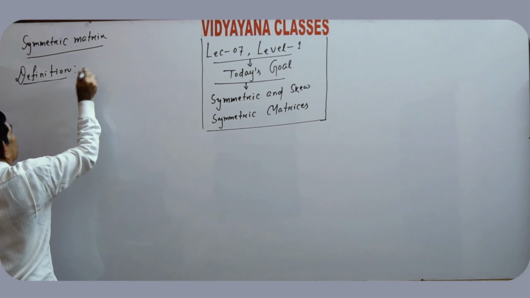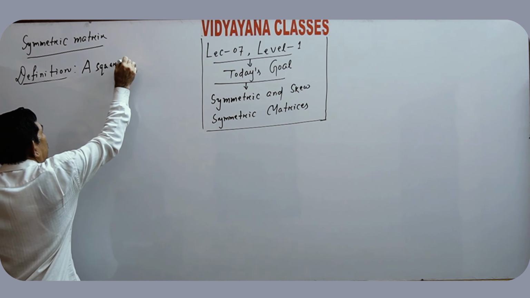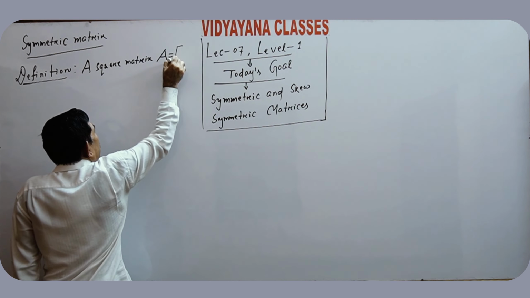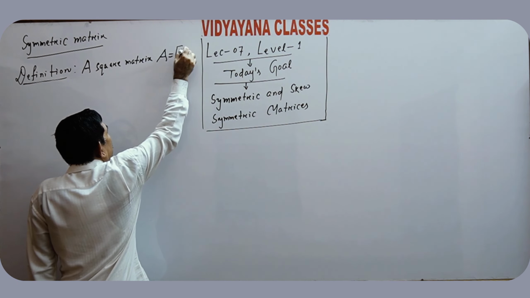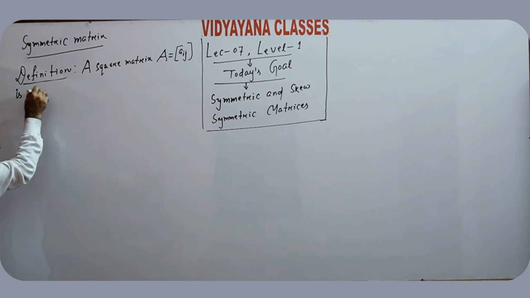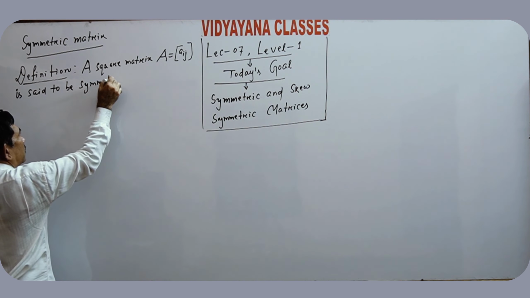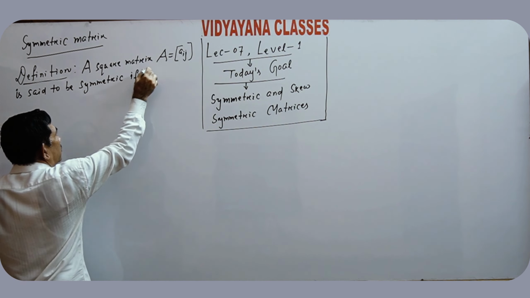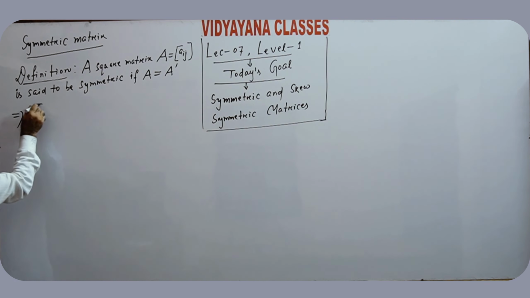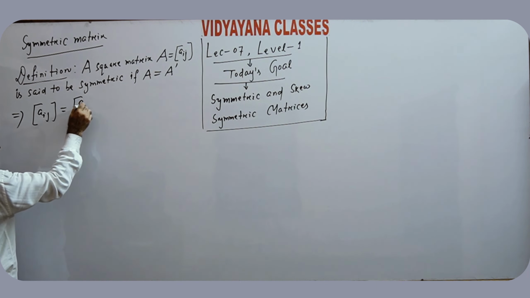Definition: a square matrix A equal to [Aij] is said to be symmetric if A is equal to A transpose, which implies Aij is equal to [Aji].